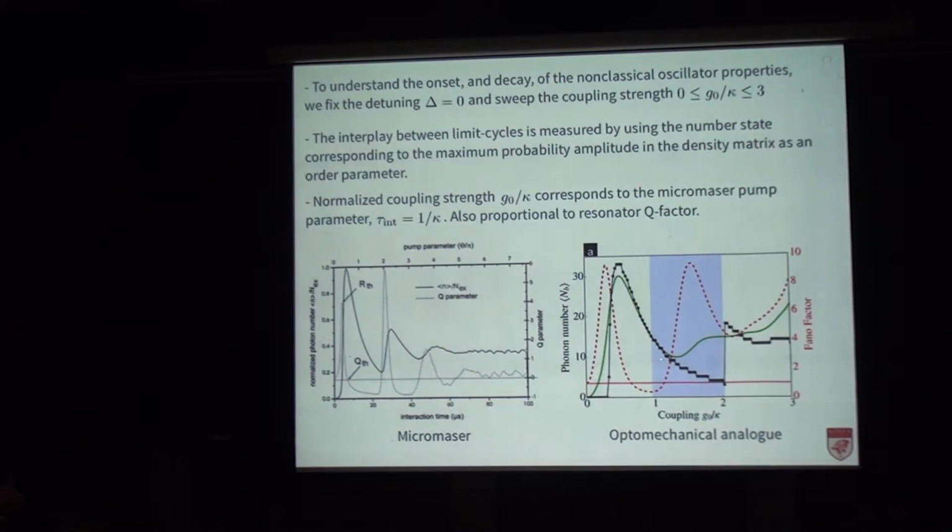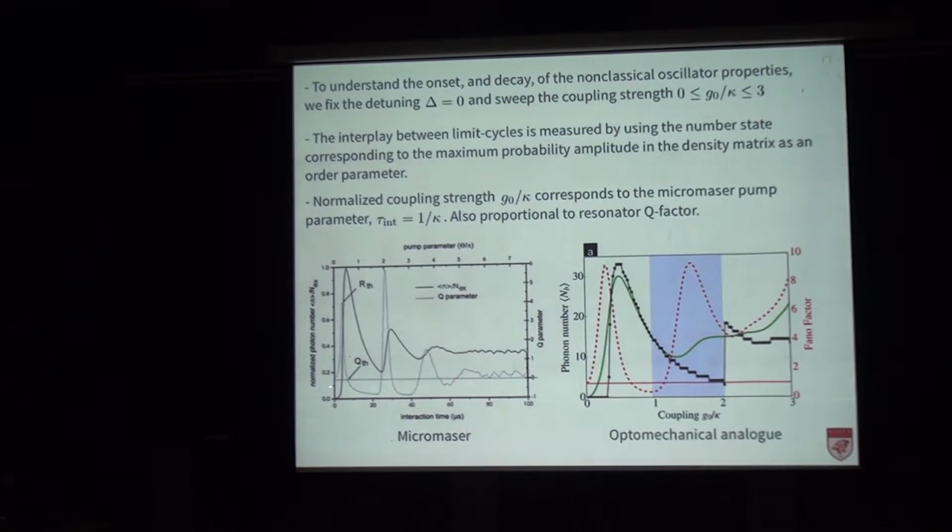At some point, something interesting happens. I get a jump. So there's some value where this effective order parameter jumps. This jump characterizes that a different limit cycle is now the most probable state of my system.